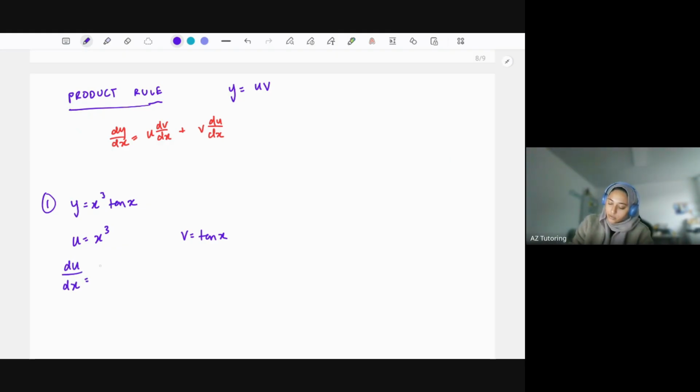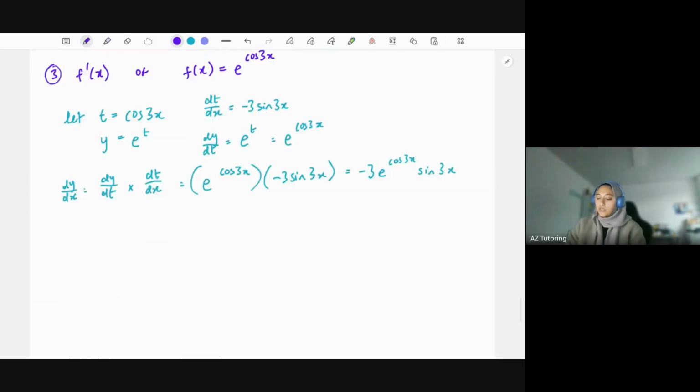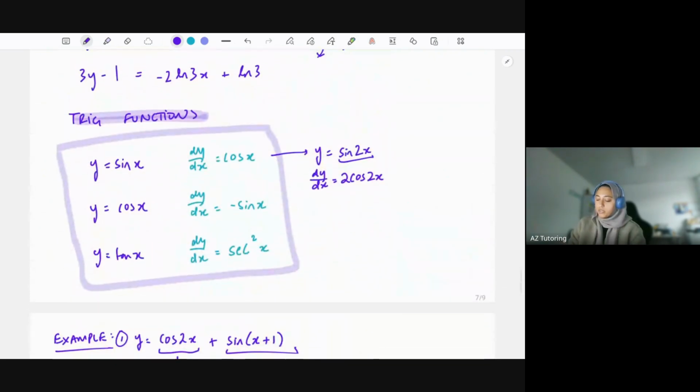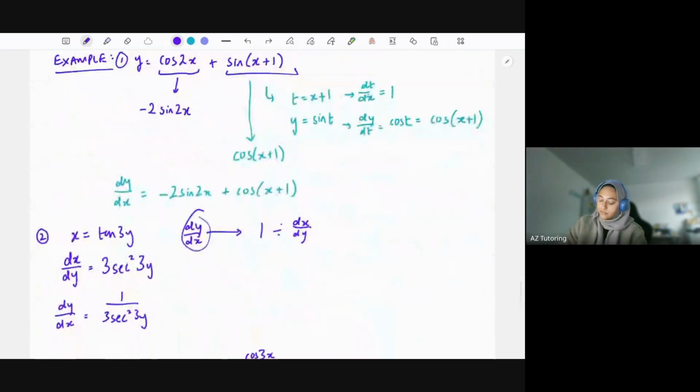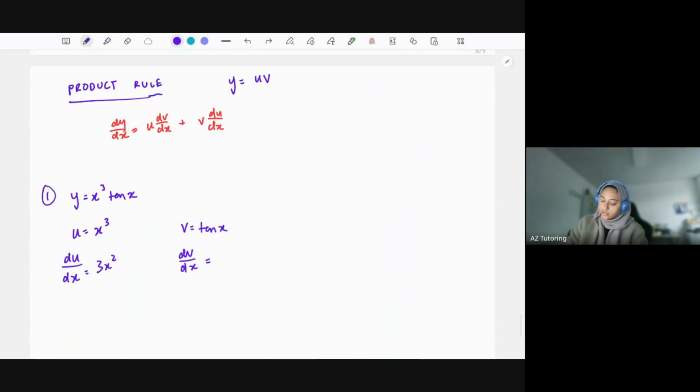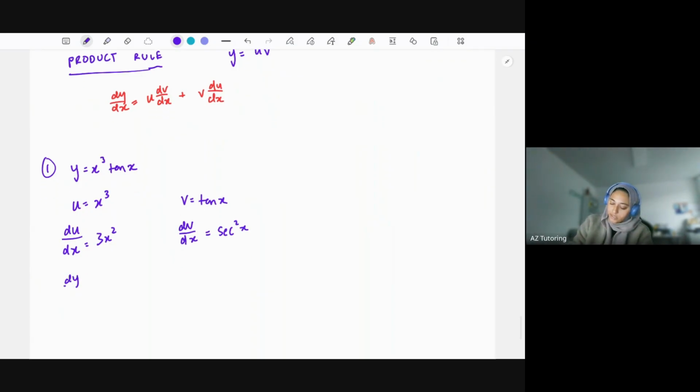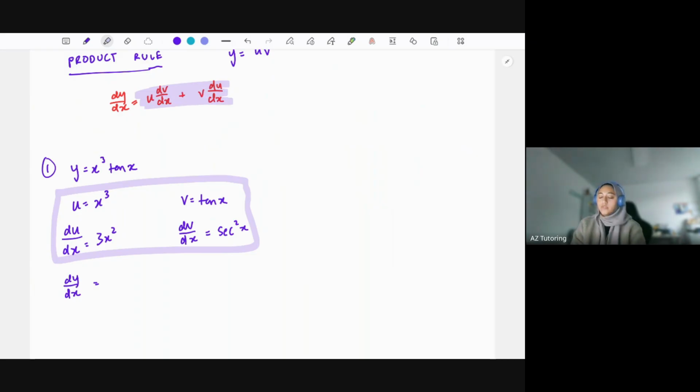du over dx equals 3x squared, and dv over dx, the differential of tan x, remember, is sec squared x. We have to memorize that. So that is just sec squared x. So therefore, for dy over dx, we just need to plug these four into the rule that we've just found.